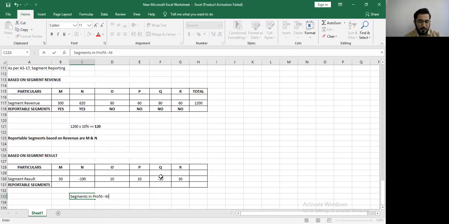You have segments M, O, P, and R. M means 50, O means 10, comes to 60, 70, and 100. So your total is 100.